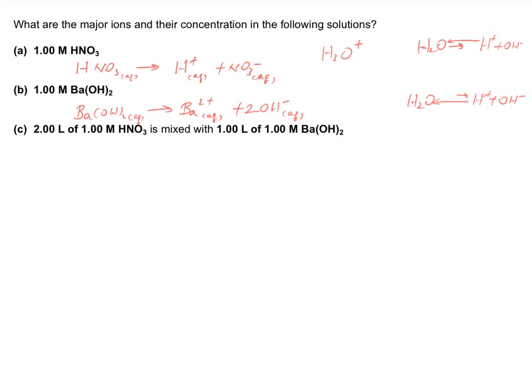Okay, now the concentration. In part A, the concentration of H plus is the same as the acid, 1.00 molar. And the concentration of nitrate ions is the same, 1.00 molar, because the ratio is 1 mole of nitric acid dissociating to give 1 mole of the proton and 1 mole of nitrate ions.